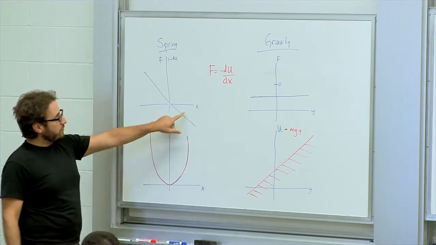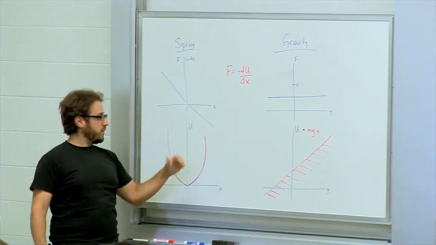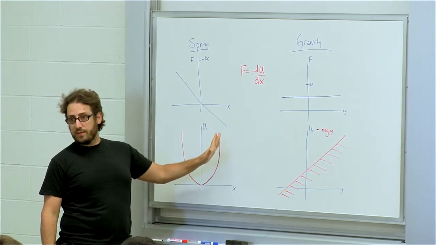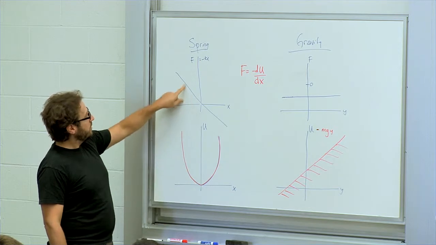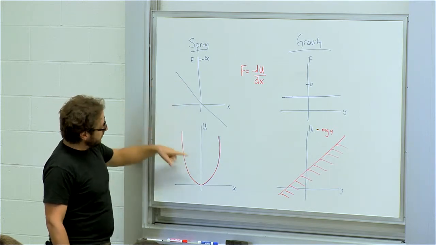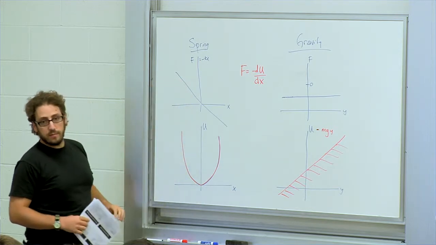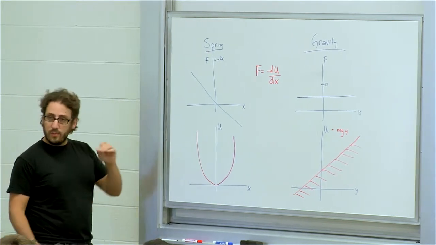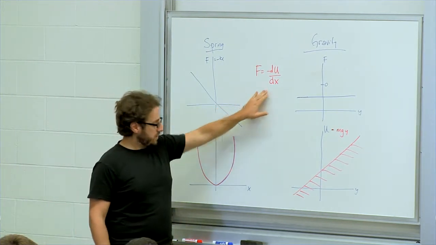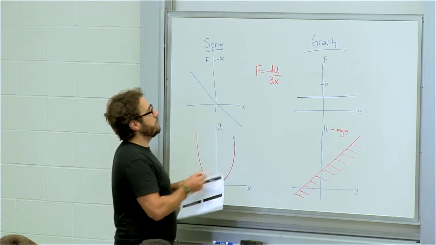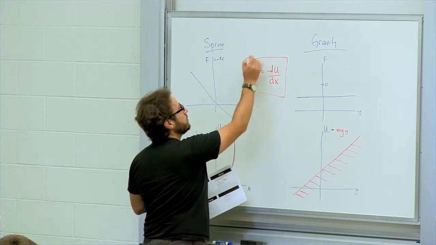It receives a negative force when it has a positive value, pushing it back this way, just like a ball rolling up this hill would receive. And it receives a positive force pushing it this way when it rolls up this hill. Okay, so the only point I wanted to make is the relationship between force and potential energy for conservative forces.